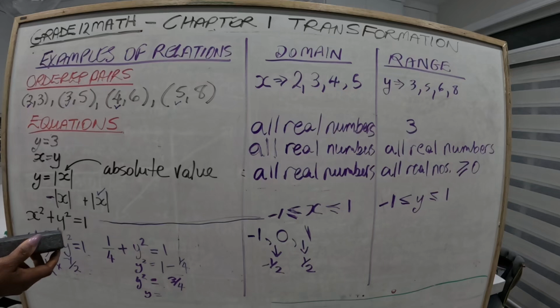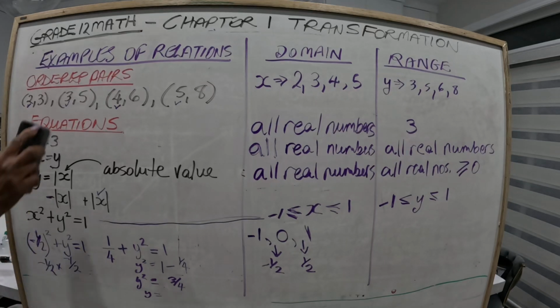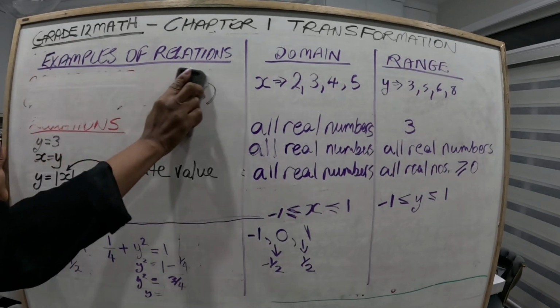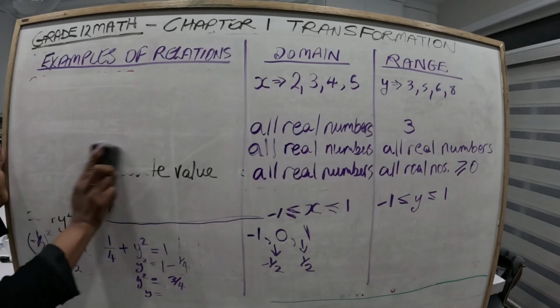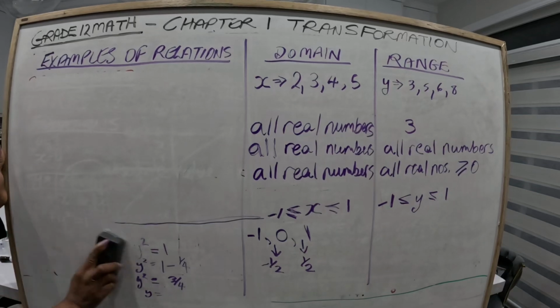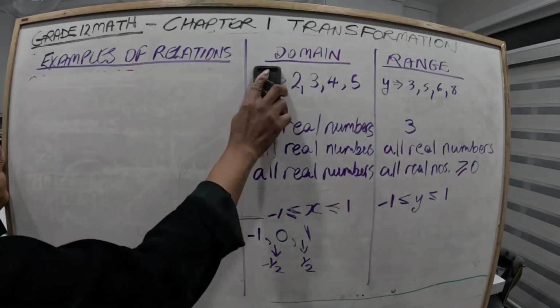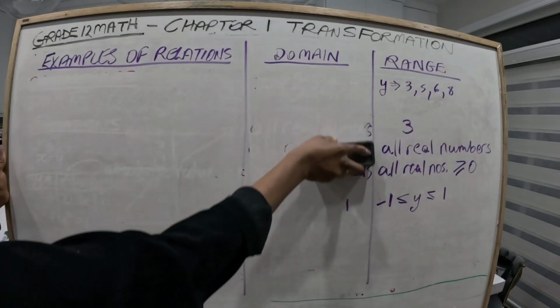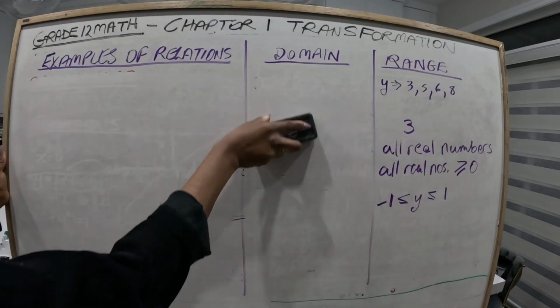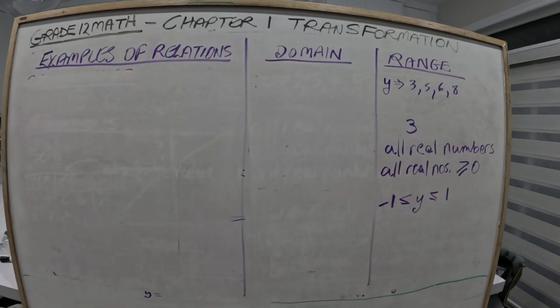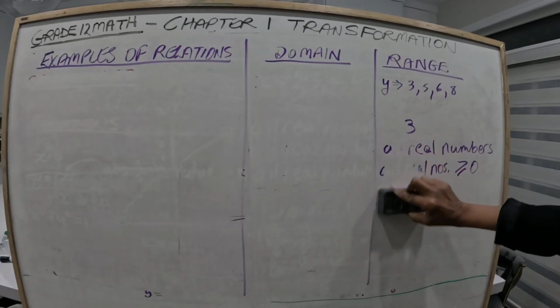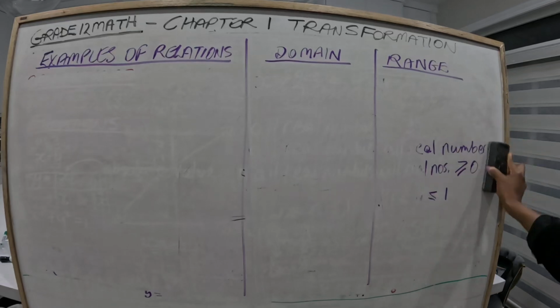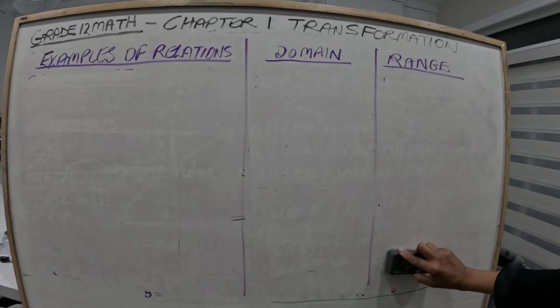So I'm just going to erase this and we're going to look at the graphs, which is also an example of a relation, and then we stop there. I'm just doing a comprehensive approach of explaining relations and functions, and I'm also doing a review of what you should already know.